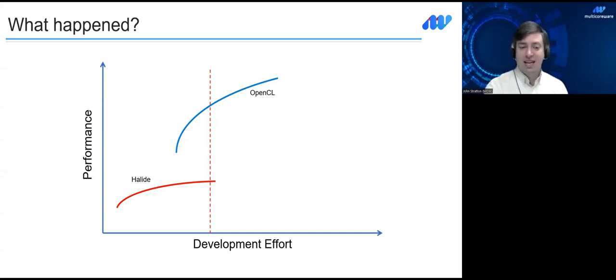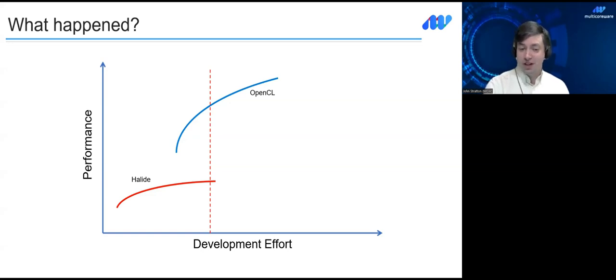And so that's what they did. They had some bar that said this is a reasonable amount of development effort. We noticed that we're getting diminishing returns for our development effort and optimization effort in OpenCL. The performance seems good. We'll call it there.